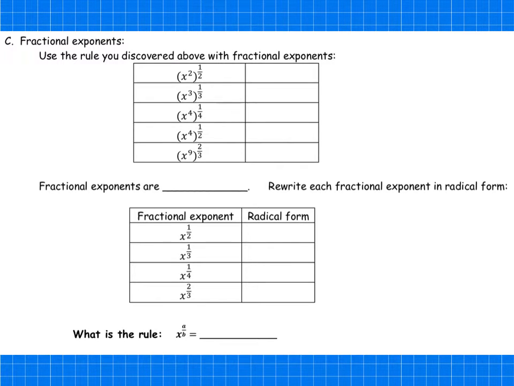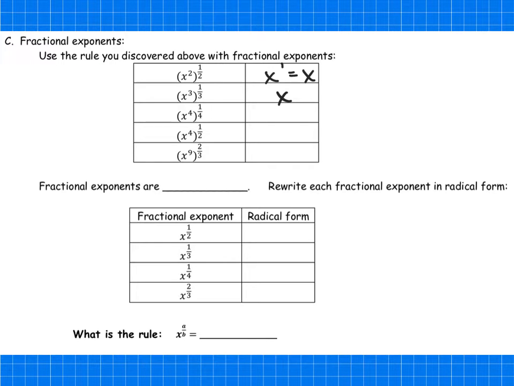Fractional exponents, as we talked about in the warm-up and what we just did, we multiply these two exponents. So x to the 2nd to the 1/2 is the same as x to the 1st, or just x. X to the 3rd to the 1/3, again, is x to the 1st, which is just x. So essentially what I'm doing here is using an inverse operation when I'm taking a power to the power of its reciprocal.